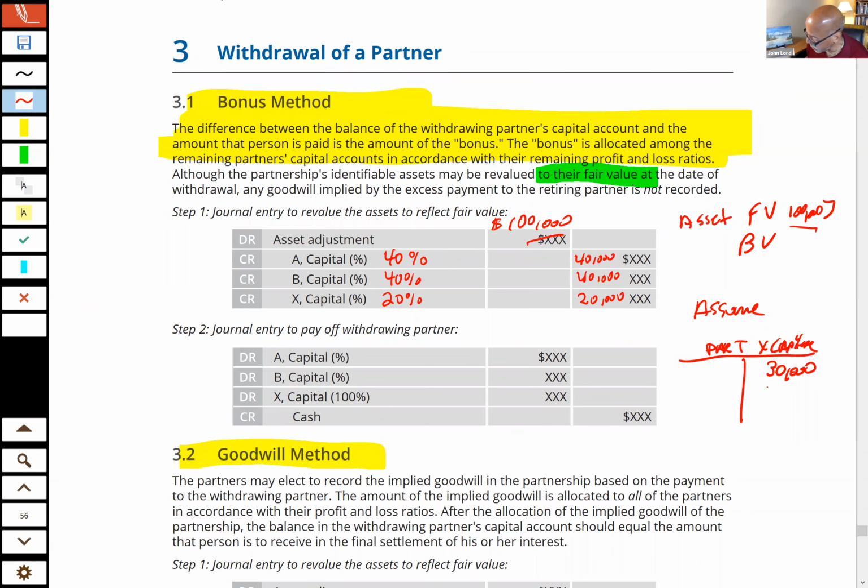We just credited it for 20, didn't we? Okay. And assume that they're going to pay a $10,000 bonus. They're going to pay this guy a $10,000 bonus as he's leaving. It's his retirement gift. He's going to get a $10,000 bonus.